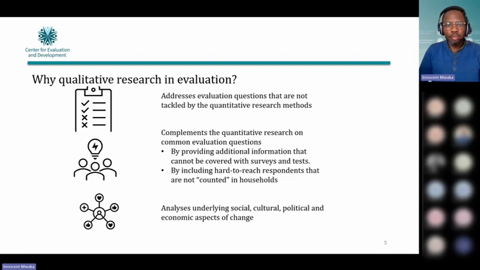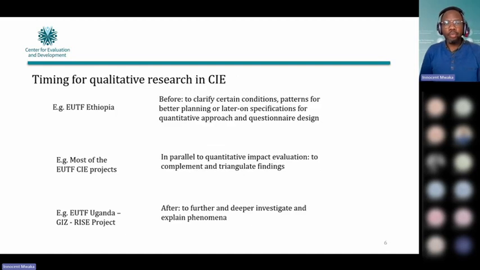Before we go into the methods that I wanted to show you that we use for data collection, I wanted to briefly also discuss the timing. So if you think about a counterfactual impact evaluation, you have a strong quantitative approach that has been designed, and sometimes you ask yourself, at what time should the qualitative approaches come in?